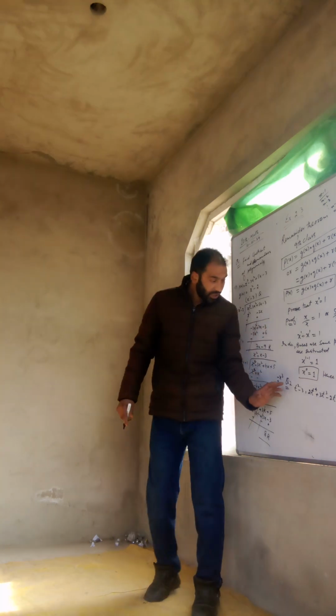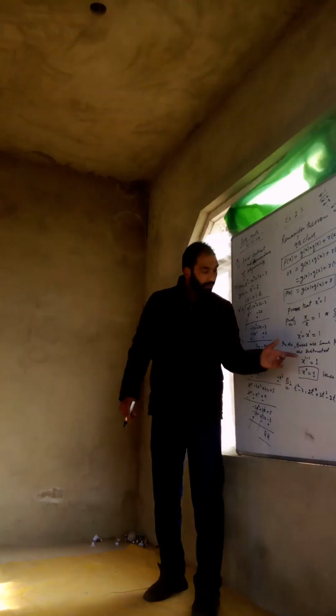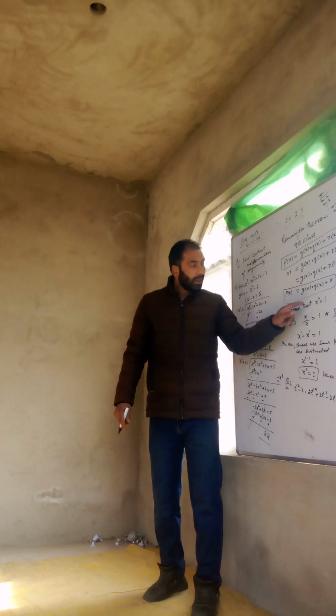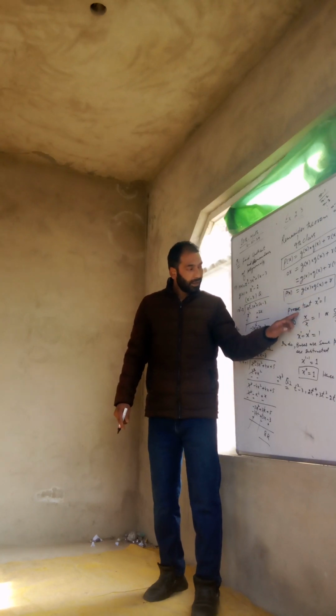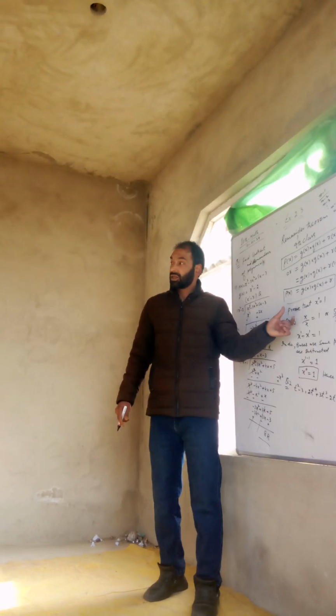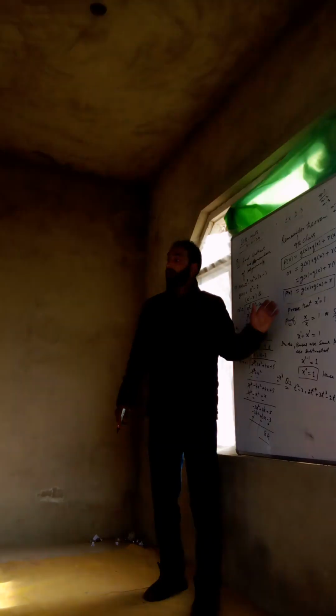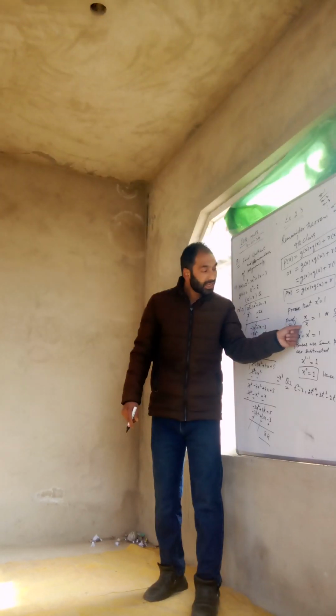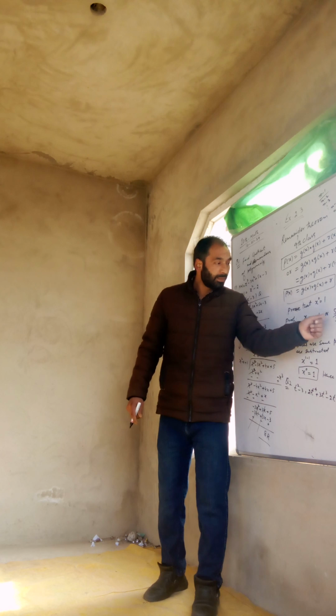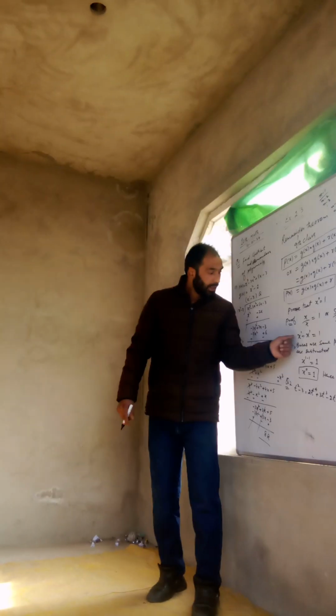Now the second question is where we also prove that anything raised to power 0 is equal to 1. How is it equal to 1? We say that x by x is equal to 1, or 5 by 5 equal to 1.